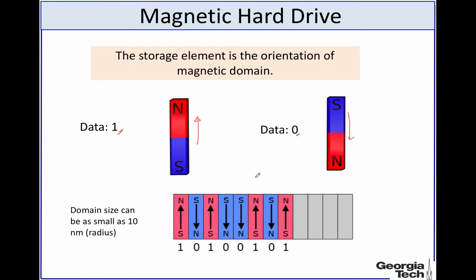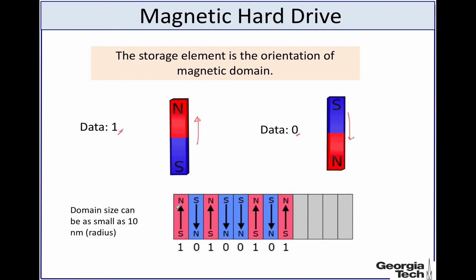Now what happens in a magnetic hard drive is that there is a platter, and that platter is coated with a magnetic material, and in this magnetic material there are many magnetic domains like this which exist side by side, and the data values are encoded in the orientation of these magnetic domains.